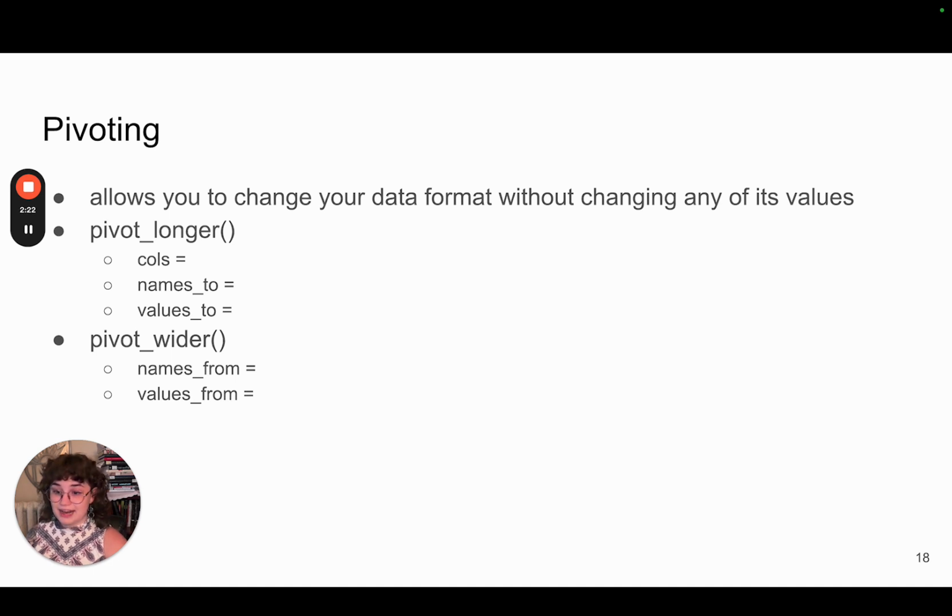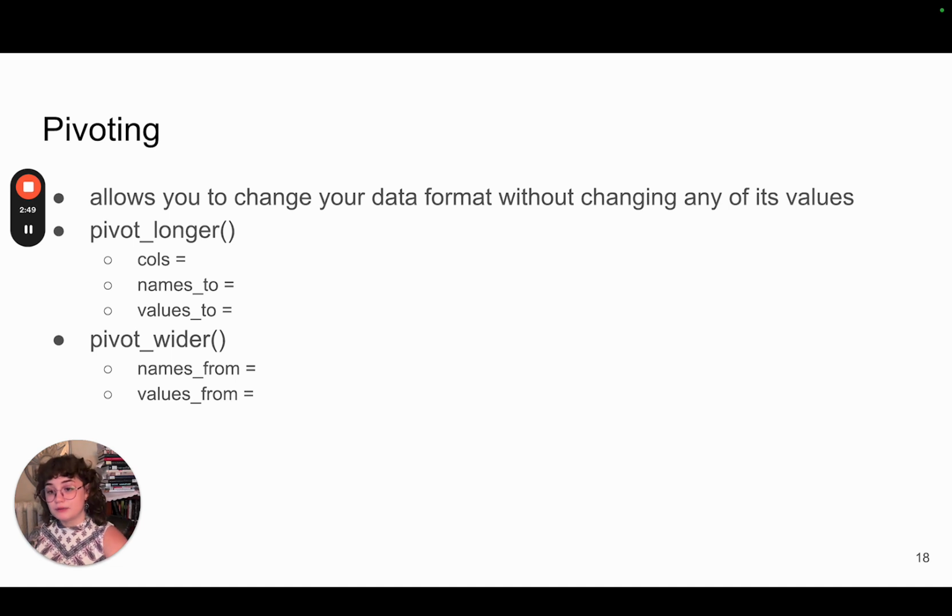To create tidy data, because again, most of our data sets that we work with are not going to come pre-tidied, you're going to use pivoting. Pivoting is going to allow you to change your data format without changing any of its values. There's two different types. The first is pivot longer, in which you move from having columns to having more rows.